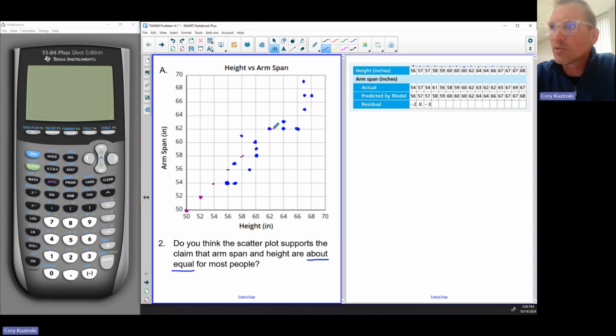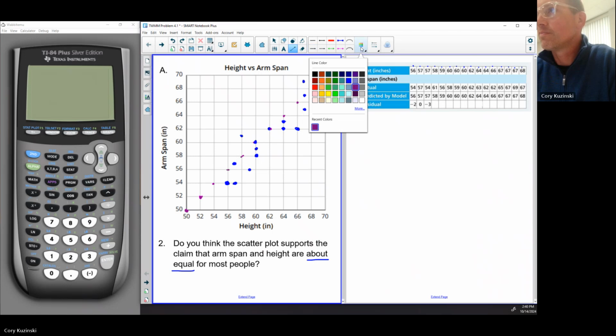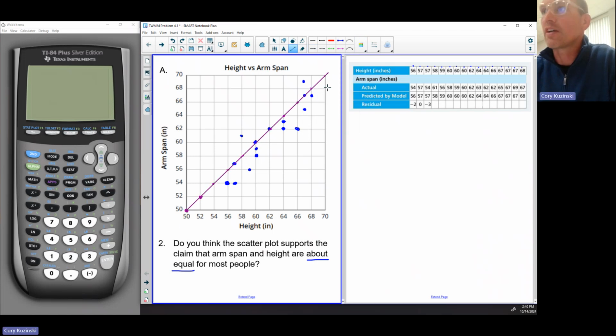It's a line that goes perfectly diagonal through all these points, with a y-intercept of 0 and a slope of 1. So I'm going to draw that line. Just that line right there. There we go. So that's S equals H. I think we should probably label that too.